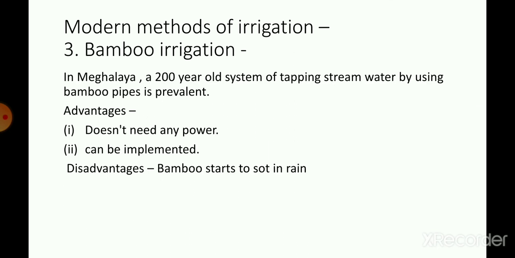Next, third method of irrigation, modern methods of irrigation, bamboo irrigation. In Meghalaya, a 200-year-old system of tapping streams of water by using bamboo pipes is prevalent.